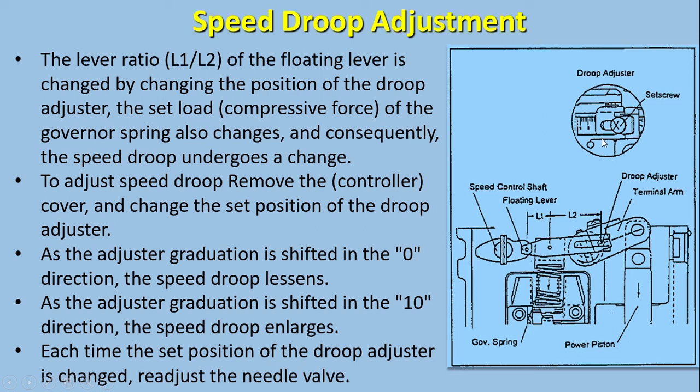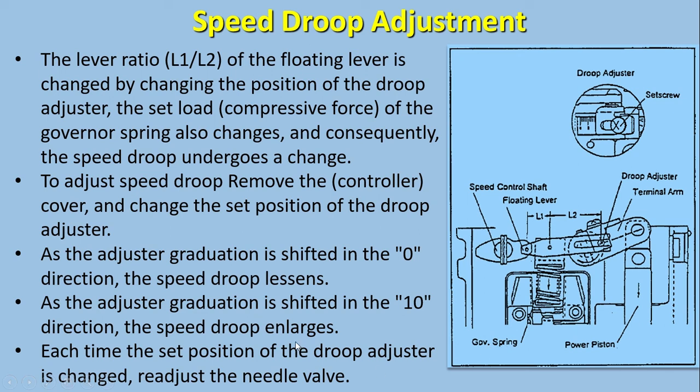To adjust the speed droop, we need to remove the governor controller cover and change the set position of the droop adjuster. As the adjuster is shifted toward the zero direction, the speed droop lessens. As the adjuster is gradually shifted toward the 10 direction, the speed droop enlarges.